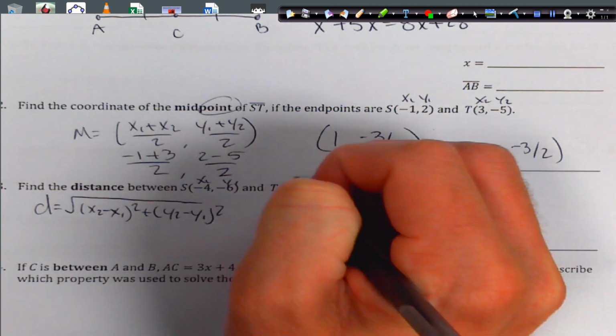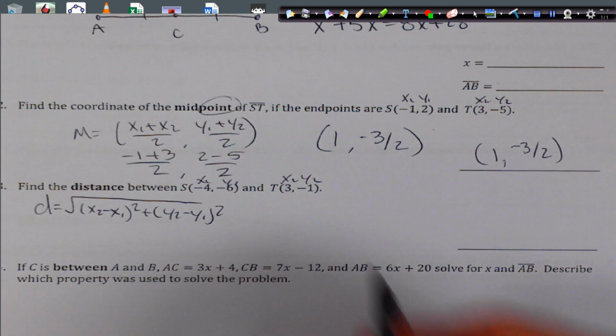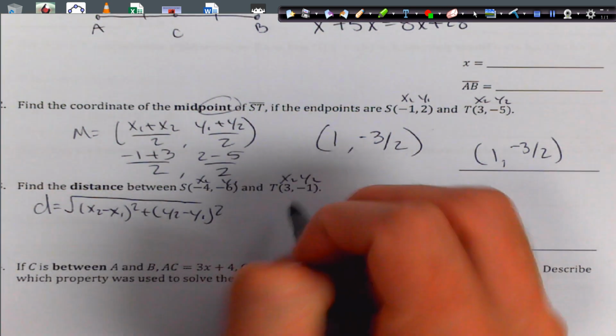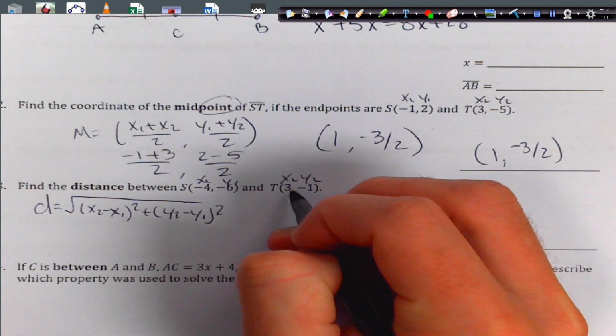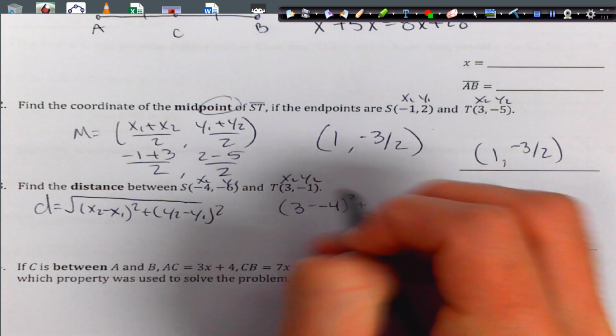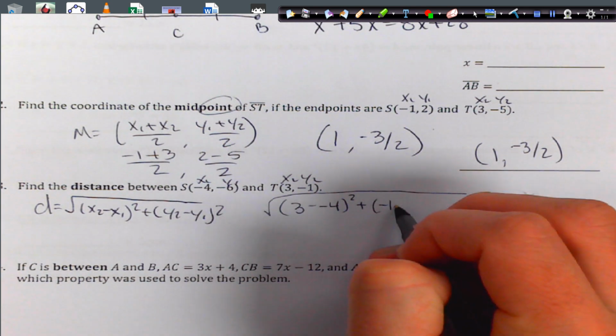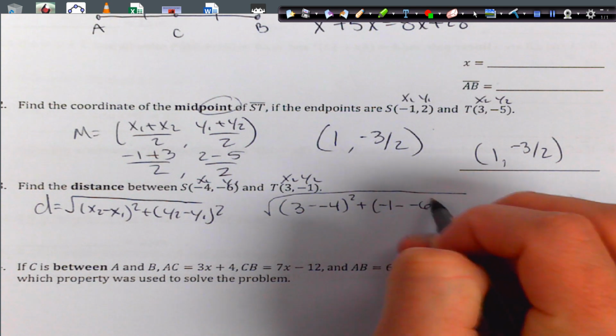x1, y1, x2, y2. Okay, so here we're going to plug it in. You have to be careful, we have a lot of negatives here. I'm going to plug it in over here. So 3 minus a negative 4, that's two negatives, plus, the whole thing's under square root, negative 1 minus a negative 6 squared.